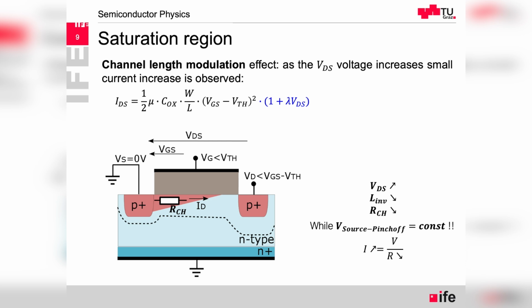As we increase the drain to source voltage, normally we have the inversion charge under the gate. And as we change the drain to source voltage with respect to the gate, in the case of a PMOS transistor, we're actually decreasing it.